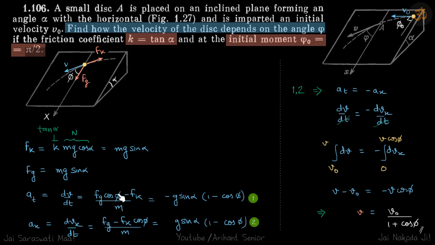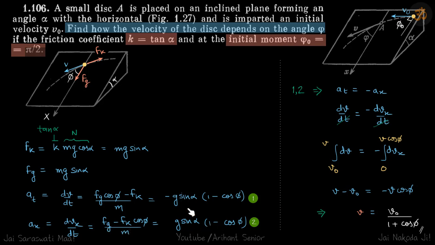So fg and fk values we'll put here and we'll get this. Now ax, so in the x direction we'll do again F equals ma, so that will be fg minus fk cos phi. So again we'll put the values of fg and fk and we'll get this.